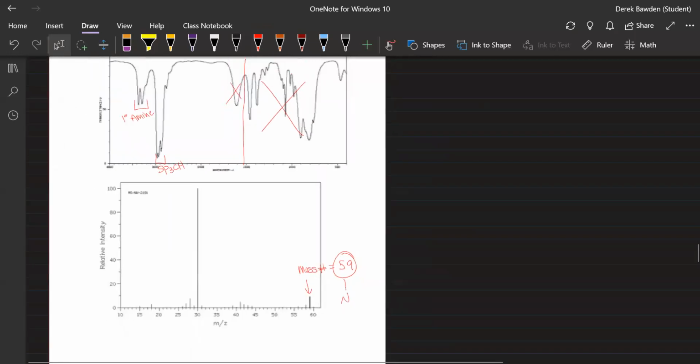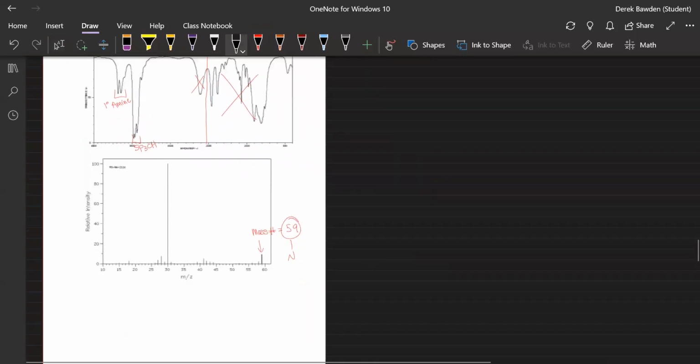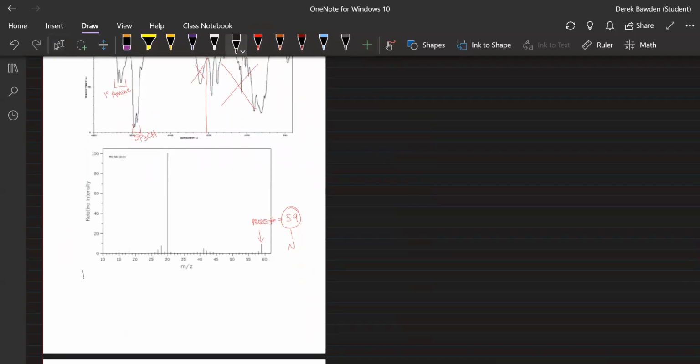Okay, so now we've got to put all this together. Hint number 1, we have a 1 degree amine. Hint number 2, we know there's a nitrogen in our molecule. And sp3 CHs are pretty much in every molecule.